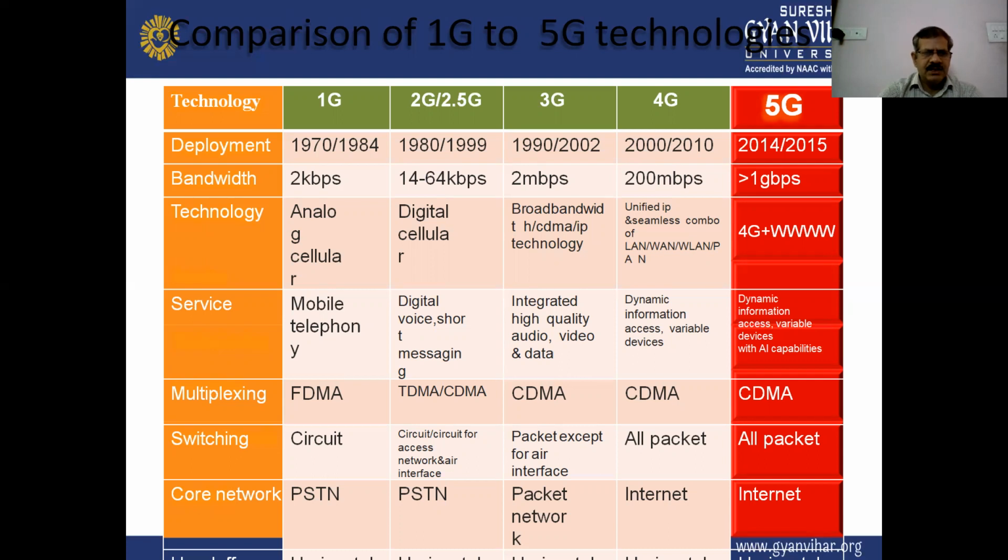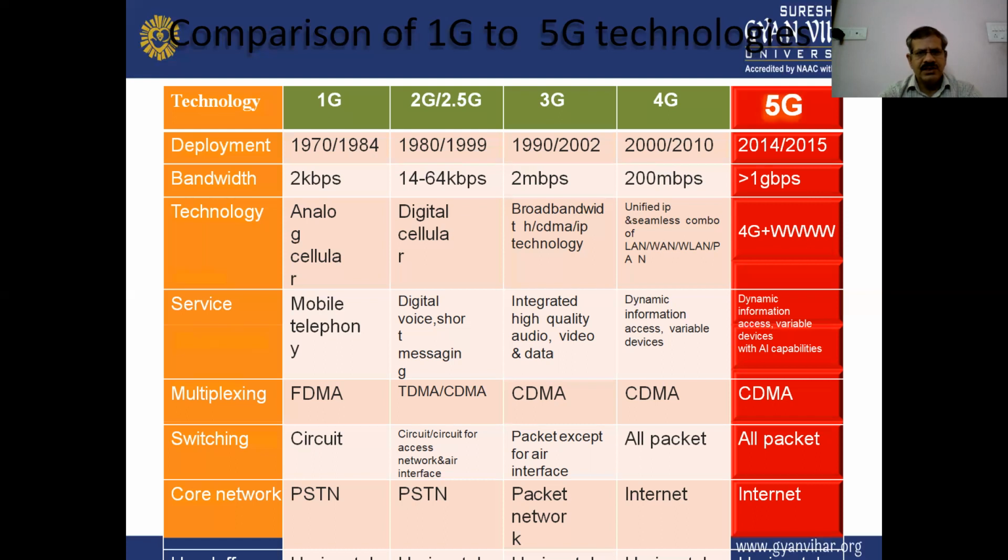And multiplexing in 1G is FDMA, 2G TDMA and CDMA, 3G CDMA, 4G CDMA, and 5G CDMA. So this is the multiplexing technique.